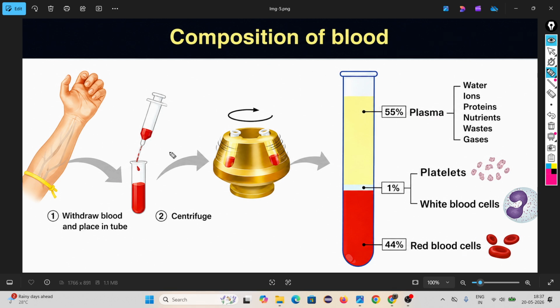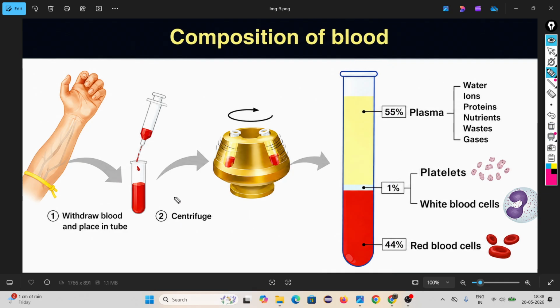Look, there is a process called centrifuge. Centrifuge means if you put blood inside this machine and rotate rapidly, measured in rotations per minute, then you will see this type of thing.